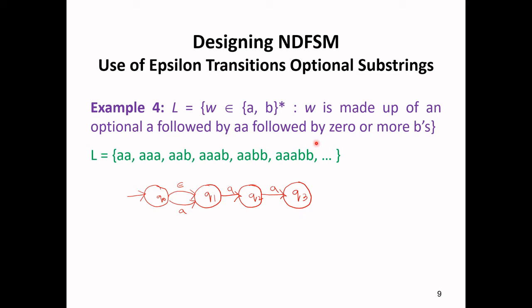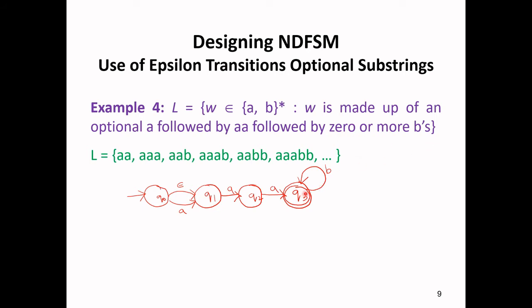Next, followed by 0 or more B's. It means if it is 0 B's, your Q3 state will be the final state. If 1 or more, then a self loop for B. An optional A followed by two consecutive A's followed by 0 or more B's.